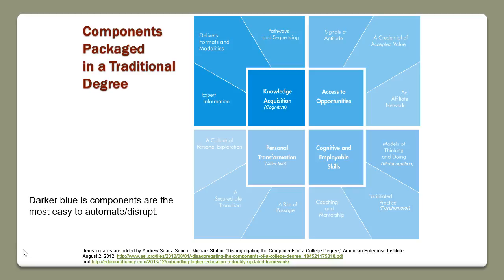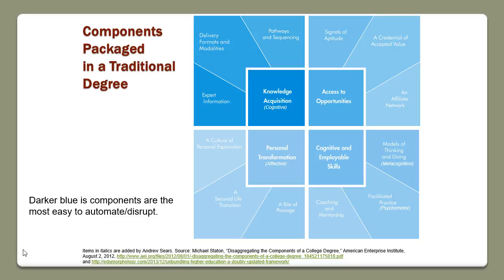Anyway, one of the papers that I read on disruptive innovation and unbundling that was most helpful is by Michael Staton. What he did is break up the components of a traditional degree into four categories: knowledge acquisition, access to opportunities, cognitive and employable skills, and personal transformation.